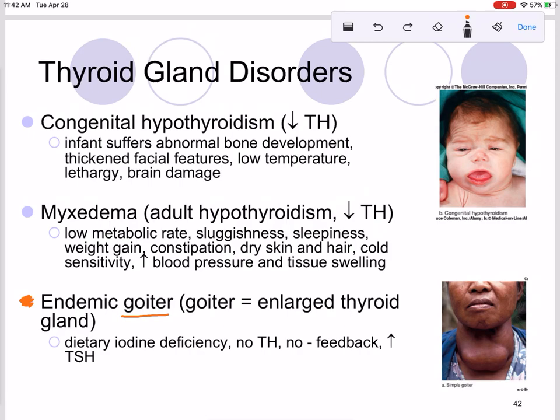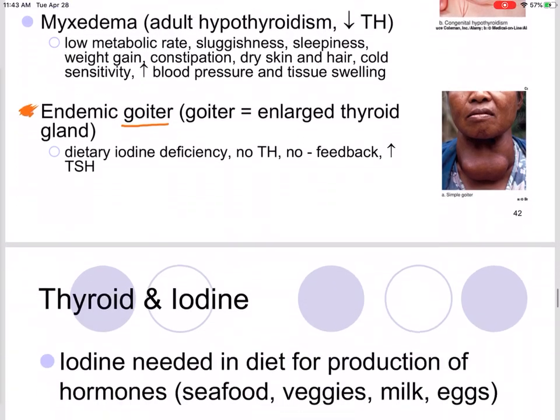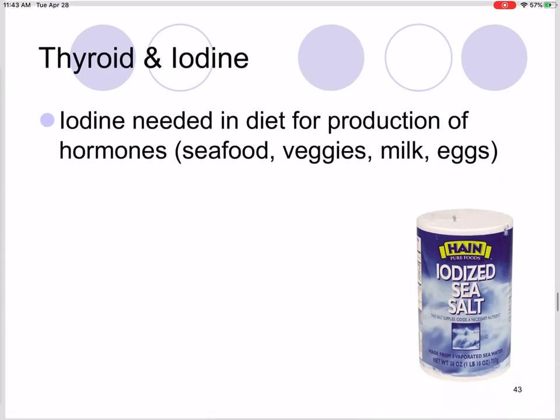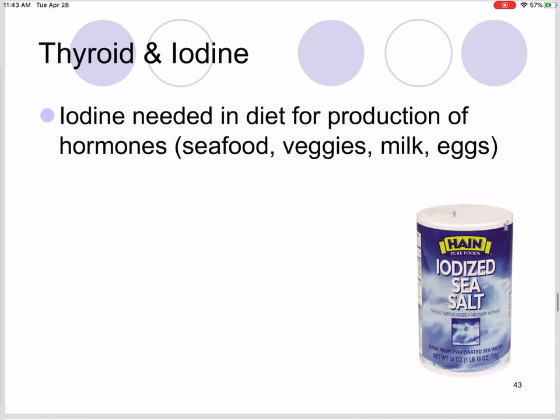And what would happen in response, because there's not enough iodine, the thyroid gland is going to start to work overtime or triple time to try and work harder to make up for the fact it doesn't have enough iodine. And it can literally be a goiter. And actually, this whole thing is the thyroid gland. Isn't that wild? It can become that enlarged. But usually not a problem in this country because we tend to get plenty of iodine.